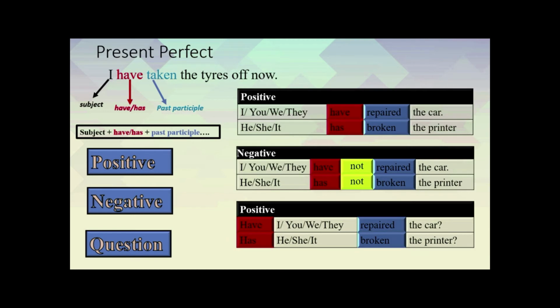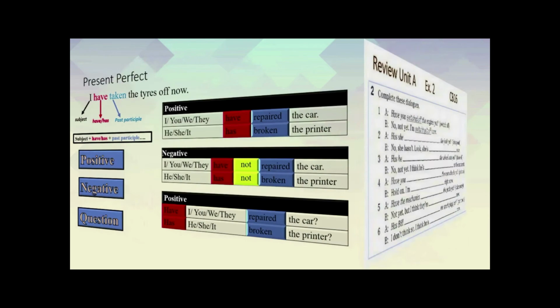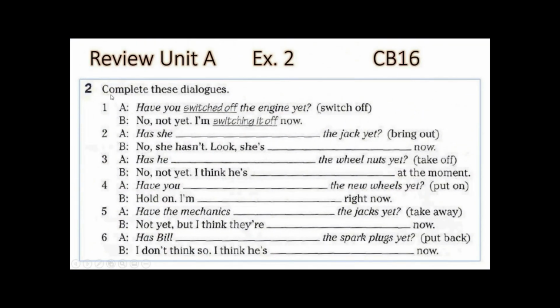Let's do task 2 on the same page. That is page 16 of the course book. Task 2. Complete these dialogues. You can see that for each dialogue, there is a verb between brackets: switch off, bring out, take off, put on, take away, and put back.